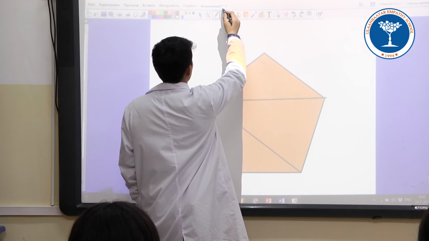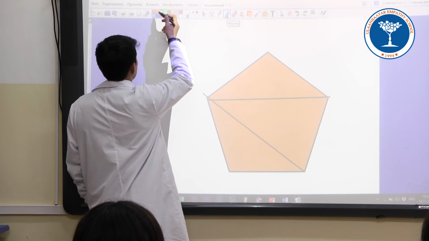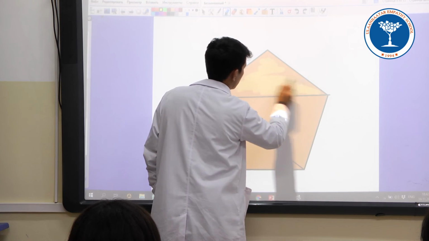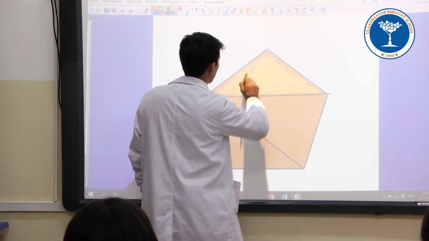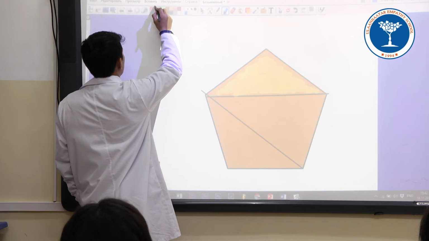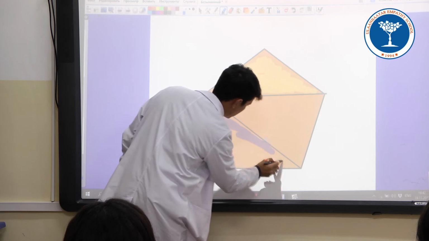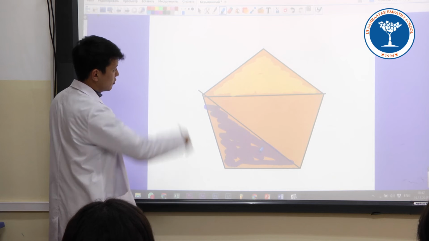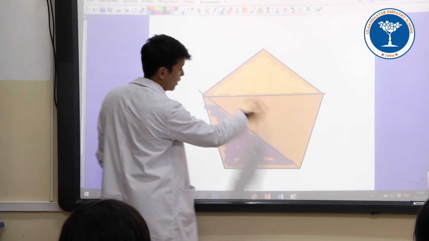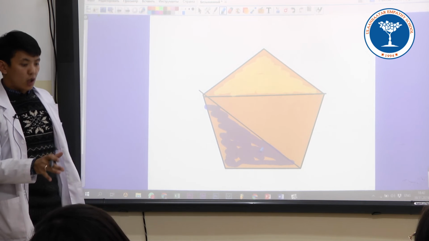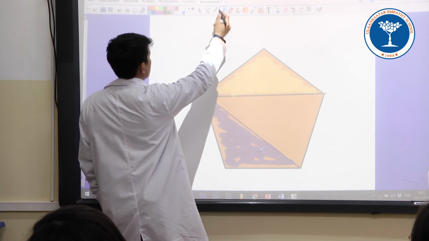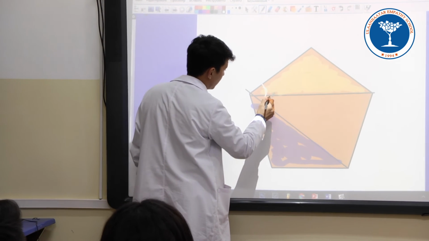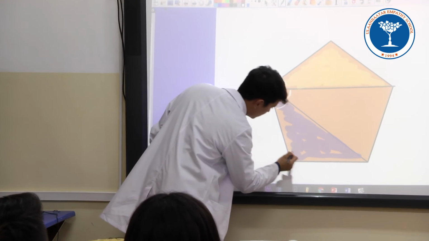Let's fill these triangles with color. These are three triangles. Now, they don't overlap, so their angles also don't overlap, yes? We have this angle, and this angle, this angle, and then this.